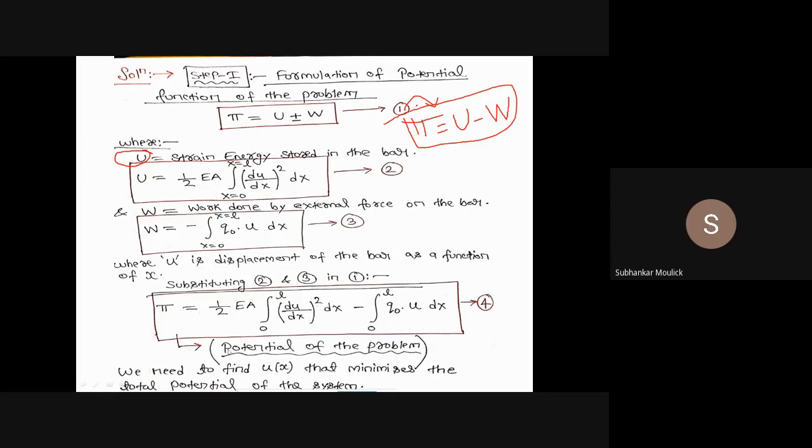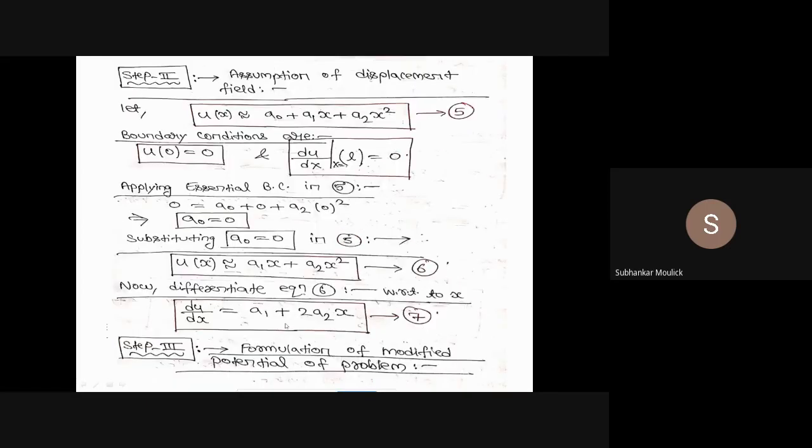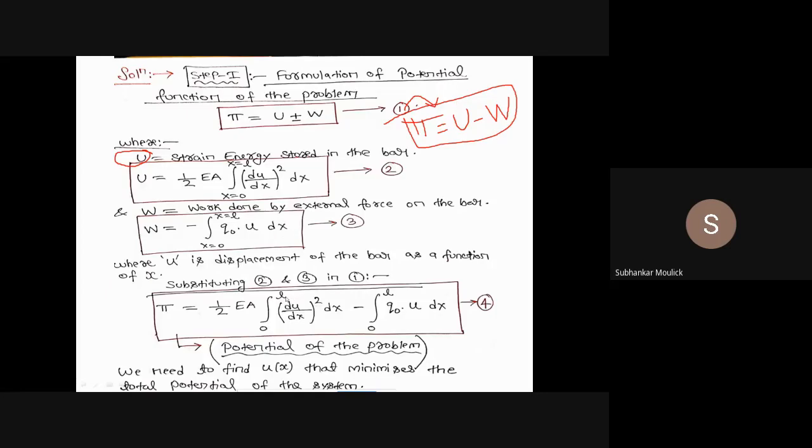In this potential function, you have to place the value of u, that is a1x plus a2x square, and here you have to put the differentiable value of u.